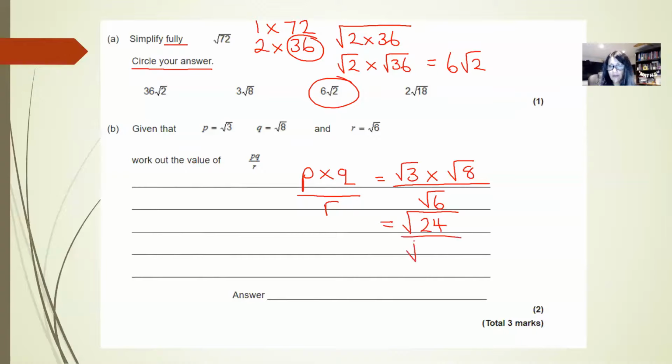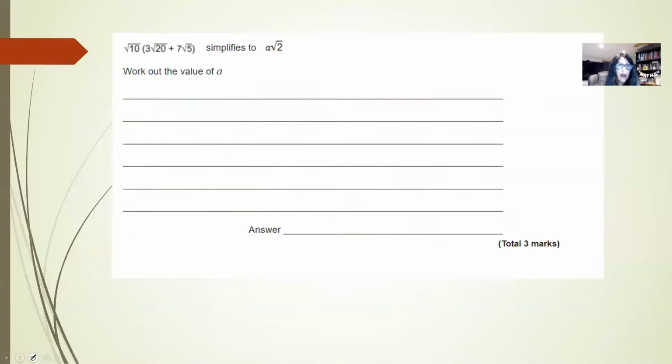And we've still got our root 6. Now we can put them together under one root sign. So it's 24 over 6. 24 divided by 6 is 4. So we end up with root 4, and the square root of 4 is just 2. There's our answer.